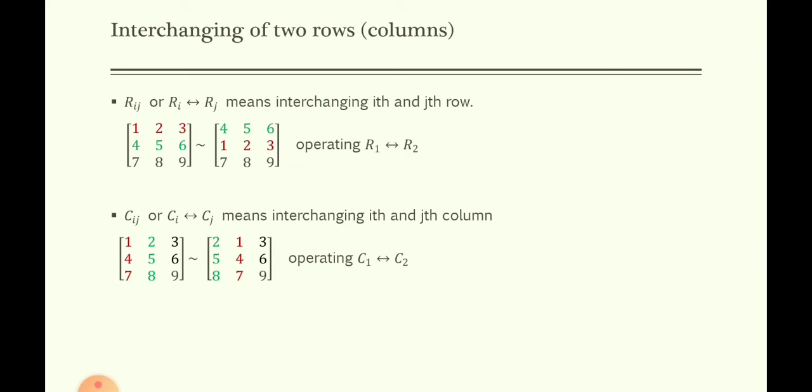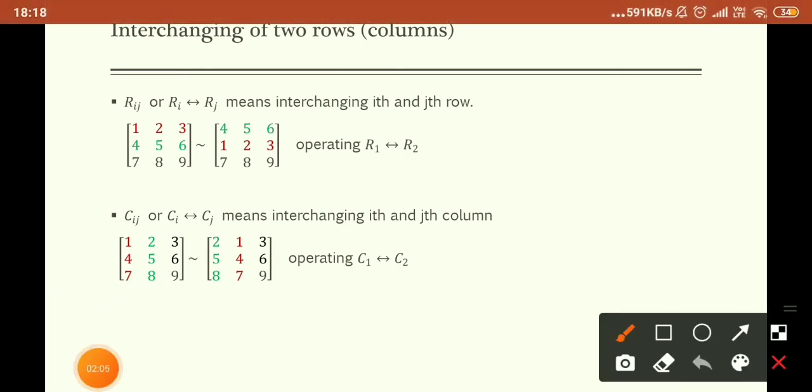First is interchanging of two rows or columns. Here you can see a matrix which is equivalent. This is the sign of equivalence. When a matrix is changed using elementary transformations, the new matrix is not equal to the original, but it is equivalent to the original matrix.